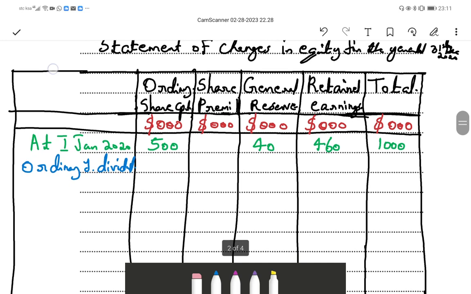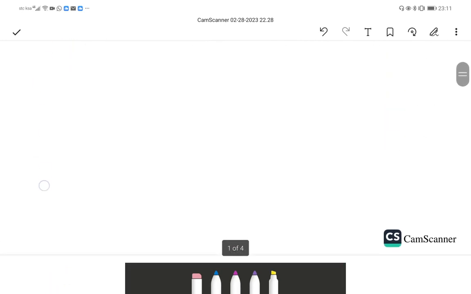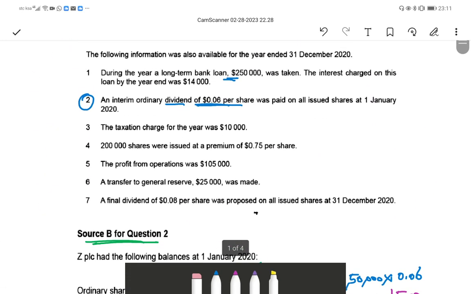Dividend will be paid from the retained earning. So we deduct from retained earning 15,000. Next, the taxation charge we will not take now.